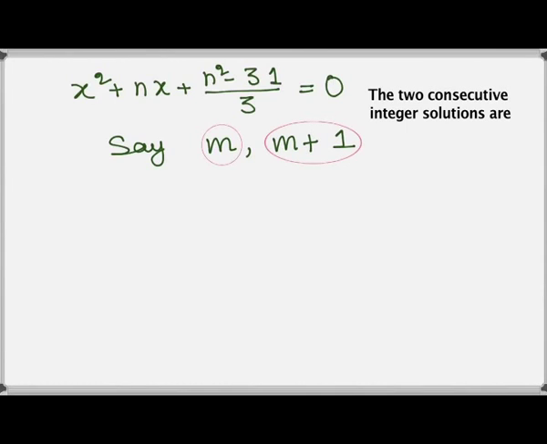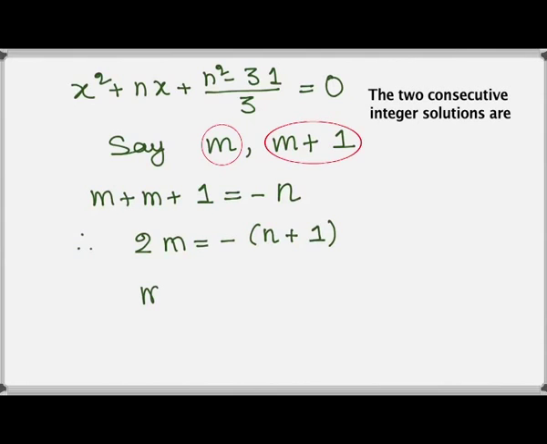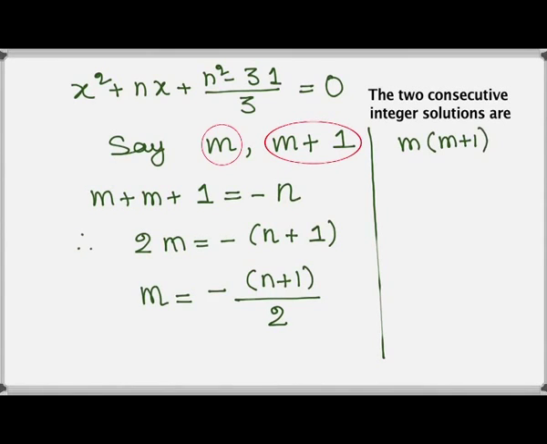So therefore we have m plus m plus 1 is equal to minus n. So we have 2m is equal to minus of n plus 1, and so we have m is equal to minus n plus 1 divided by 2, and also we have m into m plus 1 is equal to n square minus 31 divided by 3.